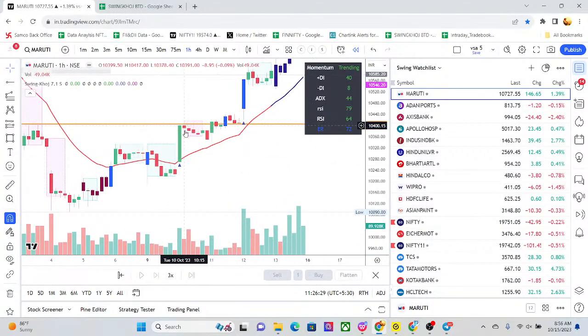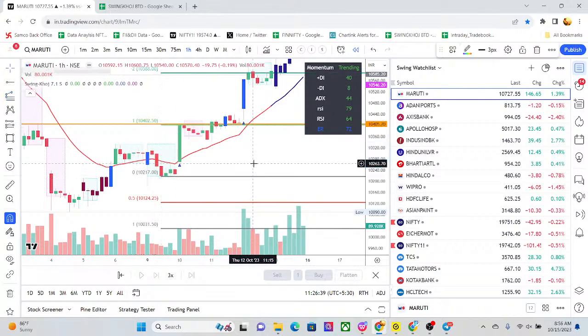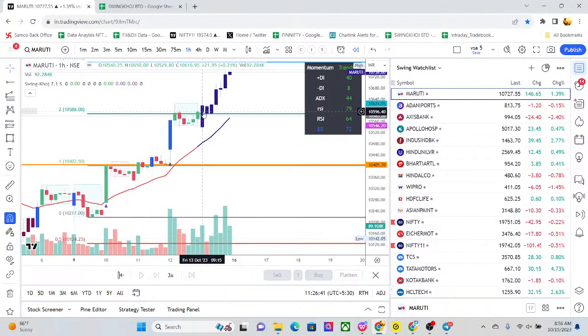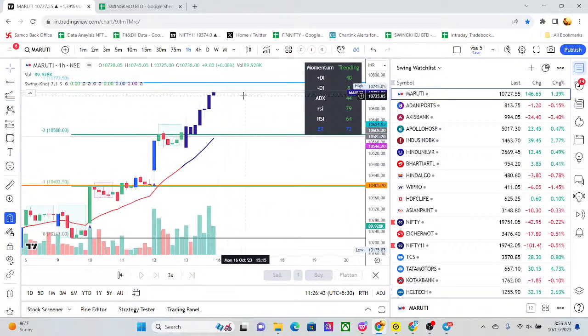So whatever the entry is, you have to go to the previous low. That will be a stop loss. For example, here, this is a stop loss. 1:1 we got already, and we are trailing now.